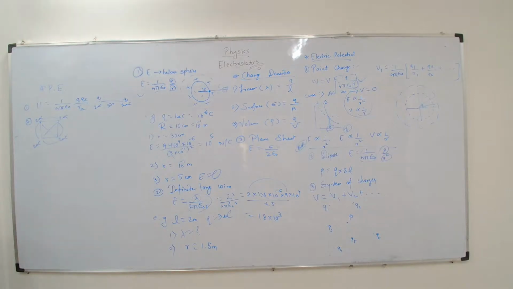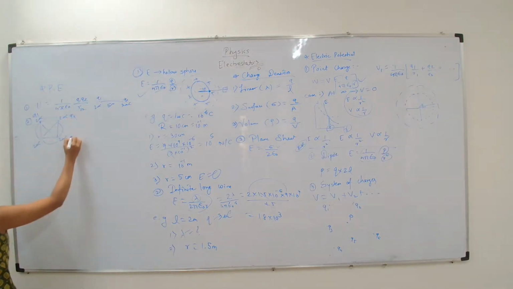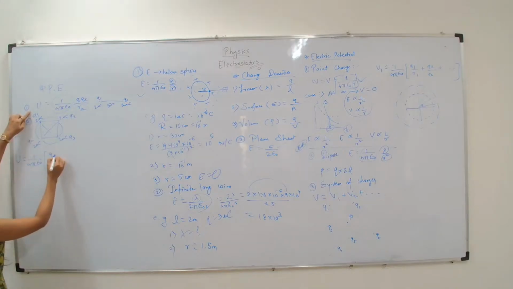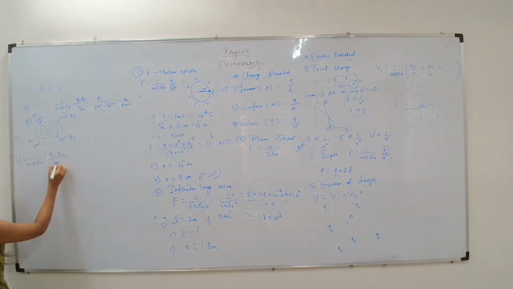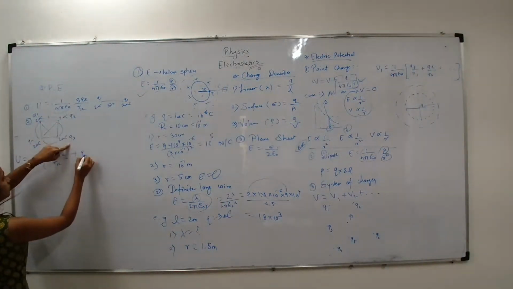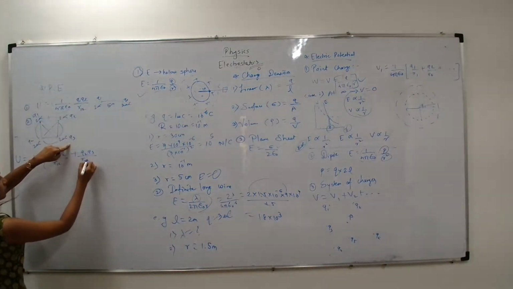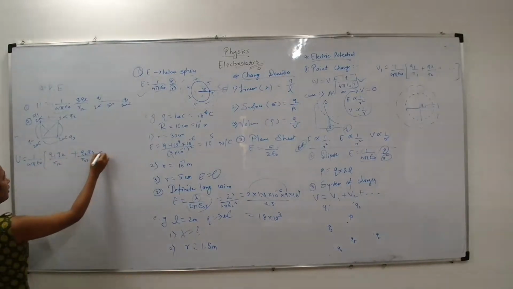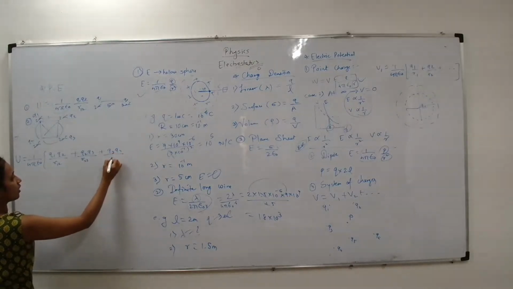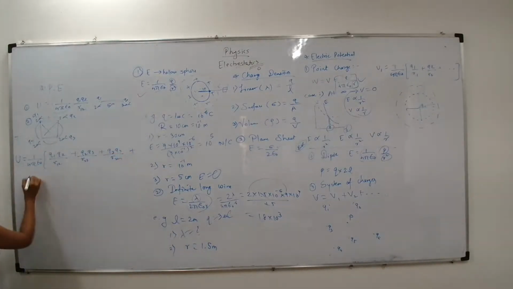Let's name them Q1, Q2, Q3, Q4. The total energy is the constant 1/4πε₀ outside, and inside Q1 Q2 / r12, let's say 1 meter, plus Q2 Q3 / r23, again 1 meter, plus Q3 Q4 / r34 plus Q1 Q4 / r14.